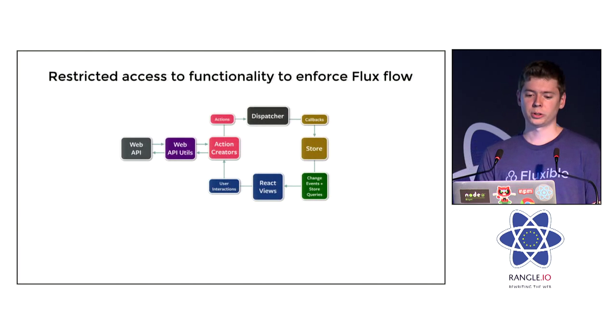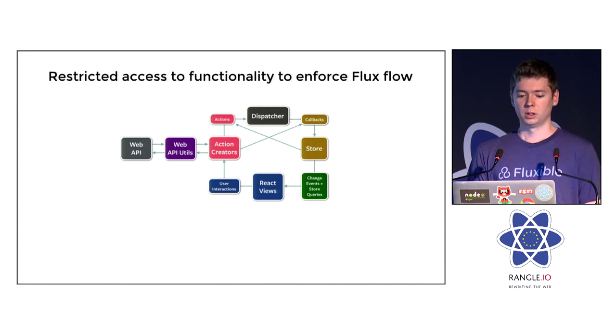Fluxible also gives you restricted access to the functionality within the Flux flow. So if you're working with a lot of developers, you may have found that they don't necessarily understand Flux, and they may do stupid things like having action creators call stores, having stores call actions, having React views call actions, having stores call React views for whatever reason. I don't know why they would do that. So Fluxible gives you basically a restricted set of interfaces for each type of object.